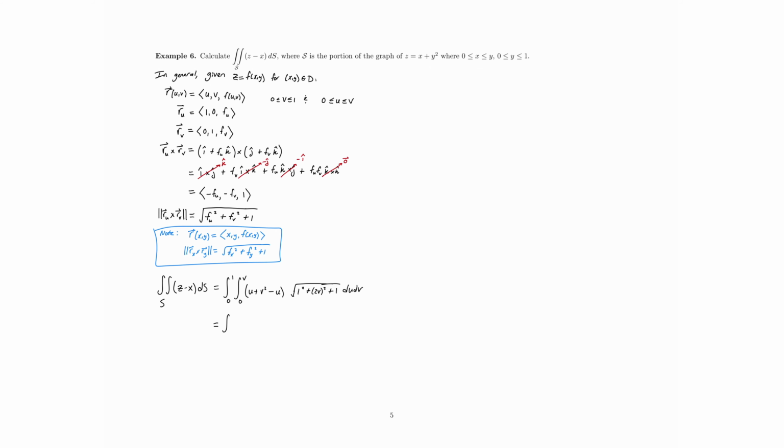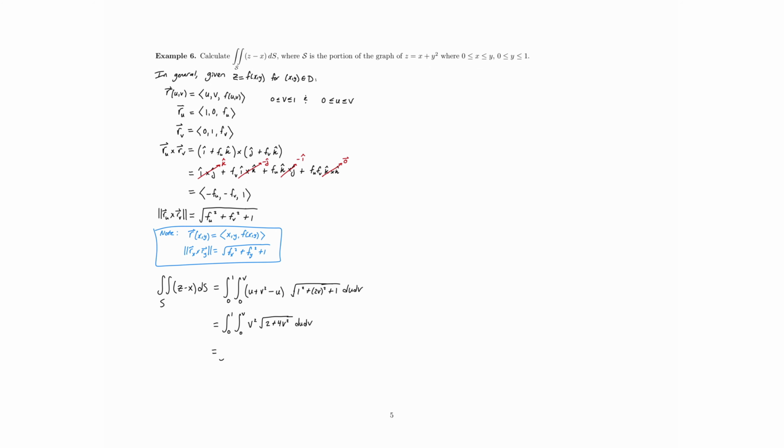All right, so simplifying things, we'll have v squared, and then this will turn into the square root of 2 plus 4v squared, du dv. Doing the first integral, the u integral, we'll get u between 0 and v, which will just be v.